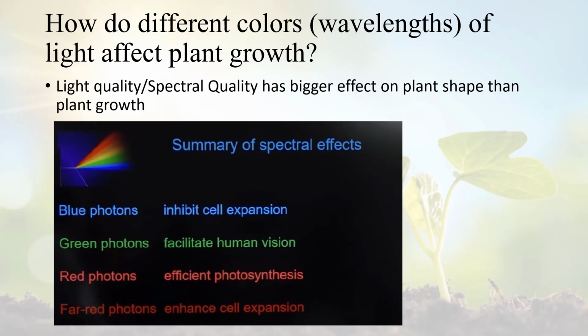What we see is that light quantity is really the intensity of that light, the ppf or ppfd values. Light quality is the spectral range, so what wavelengths are included. Light quality or wavelengths have a bigger effect on plant shape than they do on plant growth. They're not really going to affect your plant growth, but they may affect the shape of your plant.